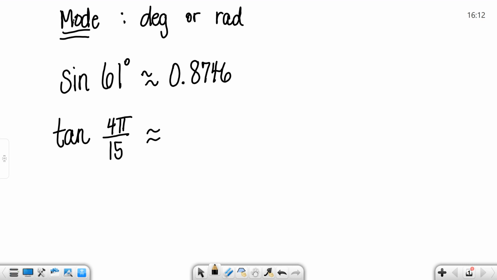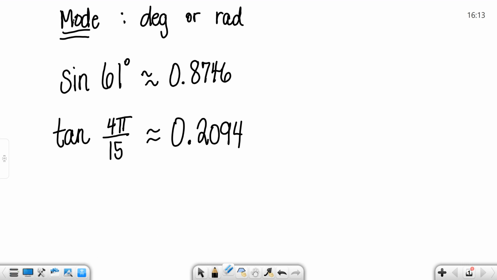This was not one I had written down on a piece of paper, so let me go real quick. I don't happen to have a scientific calculator in the room. Let me try this. Okay, the tangent, oh, there we go. The tangent of 4 pi divided by 15 is, we should all get 0.2094.